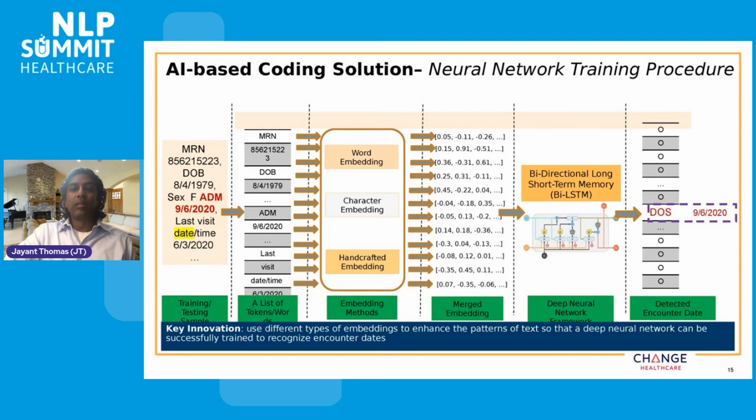And you can see here the typical neural network architecture for this procedure. We take the first 10 words and do the word embedding, and in this case we used a bidirectional LSTM to do the training of the model and identify the encounter date, and based on that we can do the split of the pages.